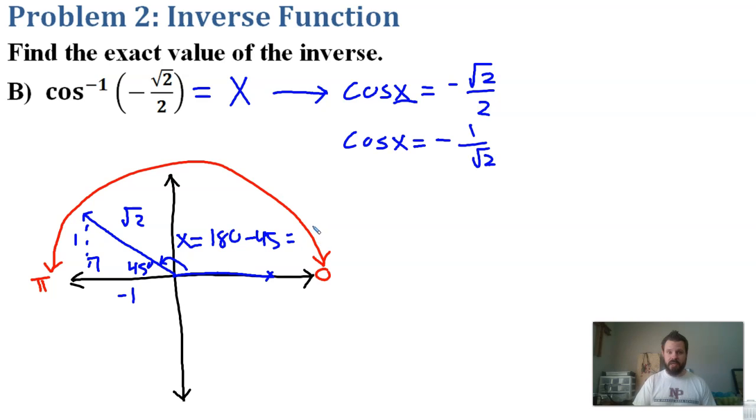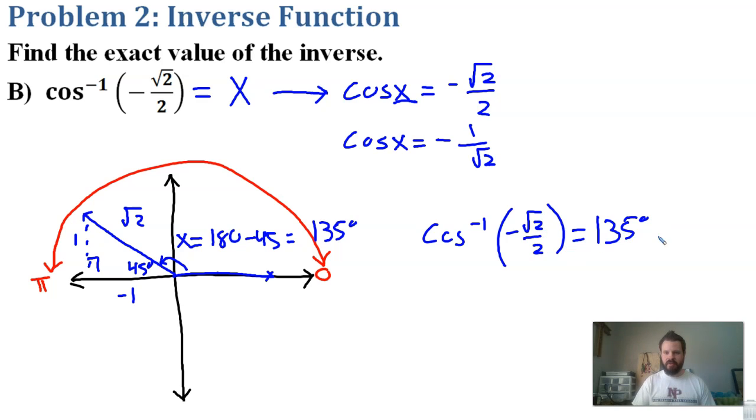So in other words, we're talking 135 degrees. So I could say that cosine inverse of negative root 2 over 2 is equal to 135 degrees, or if I convert that, 3 pi over 4. I can do that quickly because I know 45 degrees is pi over 4, and I'm pi over 4 short of pi. So that's where we're getting that 3 pi over 4.